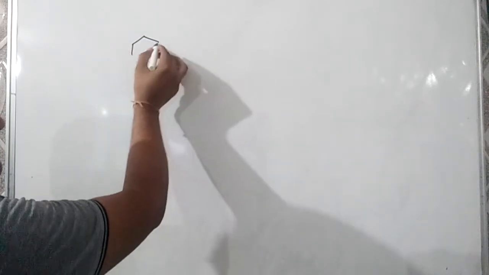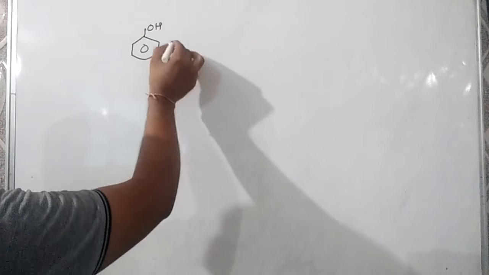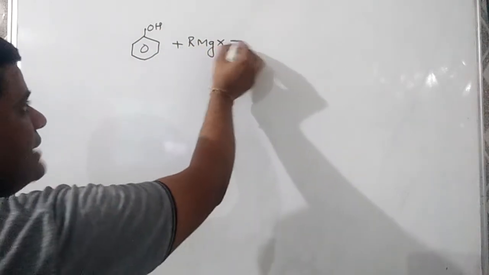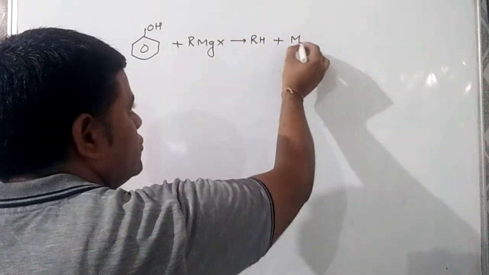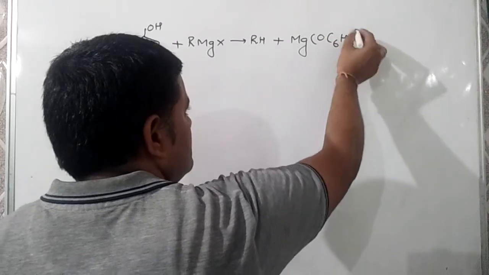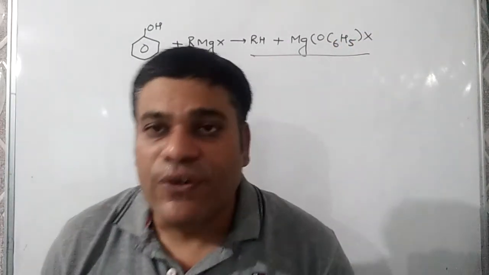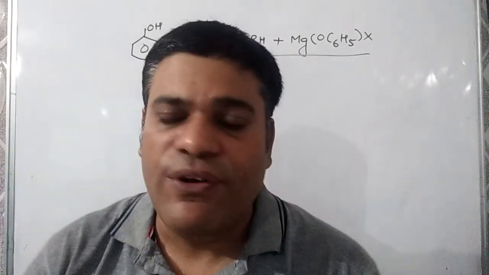So phenol can react with Grignard reagent to produce an alkane as a product. I hope you understand the acidic properties of phenol.